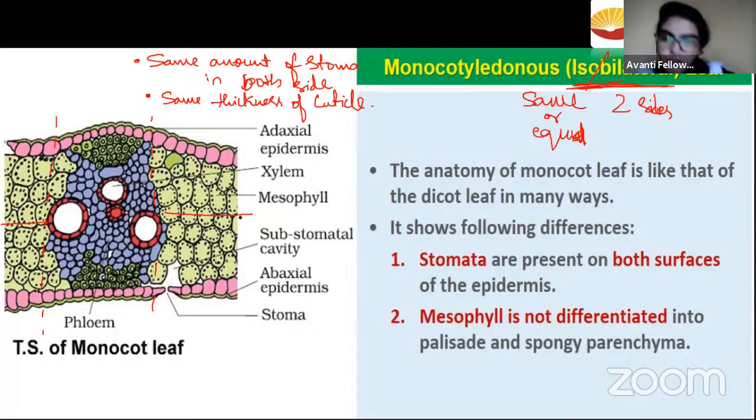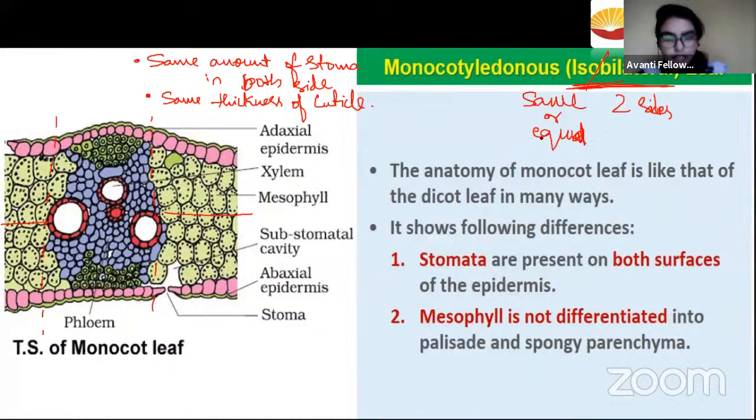So here जो mesophyll है, that is not divided into palisade or spongy, but they're just the chlorenchyma cells. So everywhere there are chlorenchyma cells, and I have told you what are chlorenchyma cells. Chlorenchyma are nothing but the parenchyma cells, but they have more chloroplast in it, and they perform the photosynthetic functions more effectively and in a better way. So that's why monocot leaf is called as isobilateral leaf.